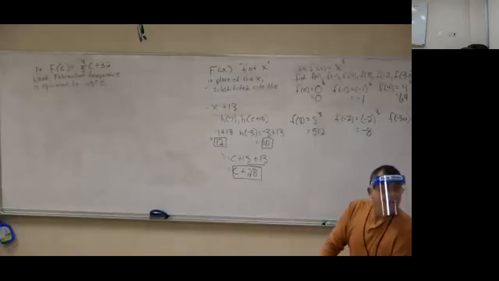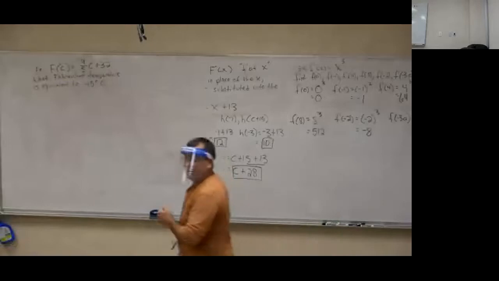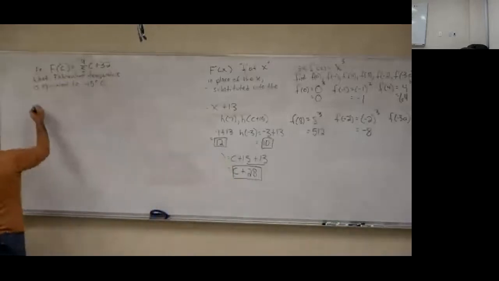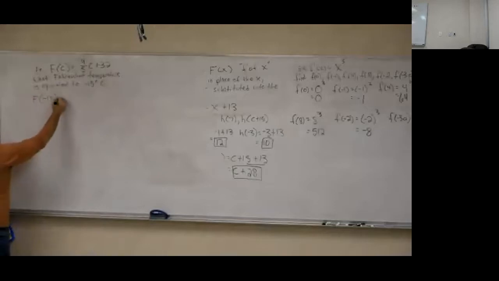Basically, I'm finding f of negative 15. I guess we're in America, we should be doing the other way, right? Finding Celsius temperatures from the Fahrenheit.